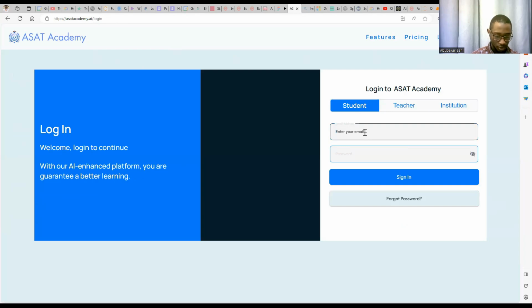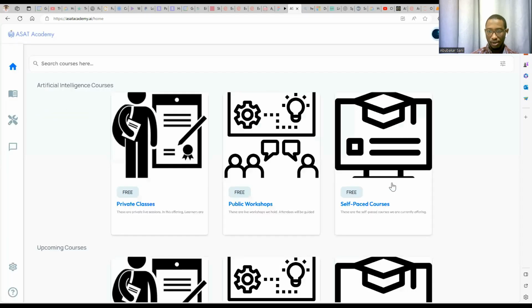For example, I can put my email address and password. So the workshops are here. Maybe we will change the UI, the user interface, later, so just try to find it.